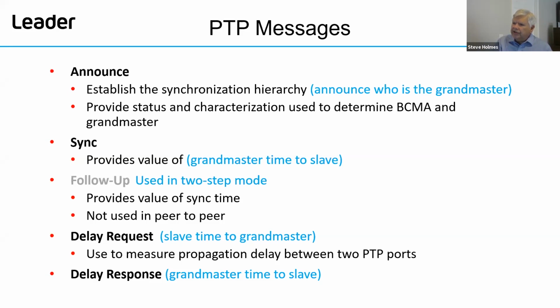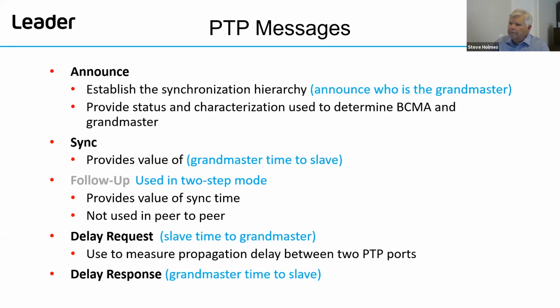The sync message will be the Grandmaster sending out his time to the slaves. In a two-step environment using follow-up messages, early sync units couldn't stamp the correct time value when they sent out the sync message, because they just didn't have enough CPU cycles to timestamp the correct time in it.